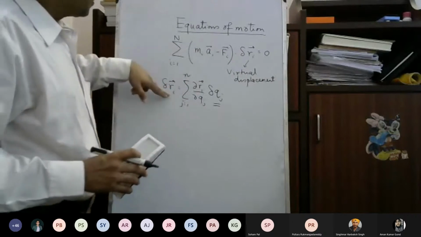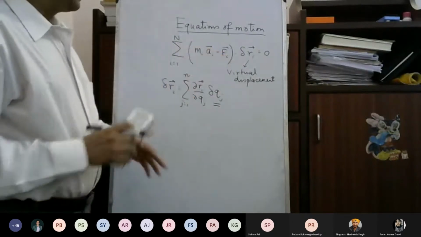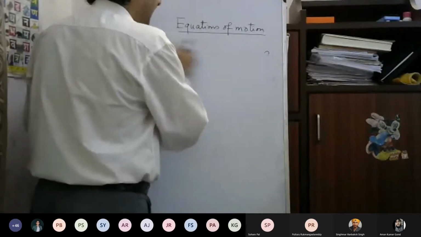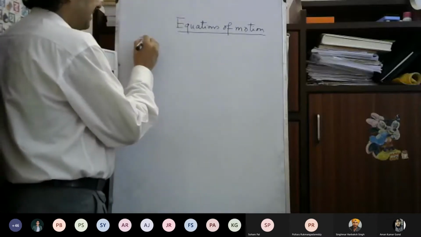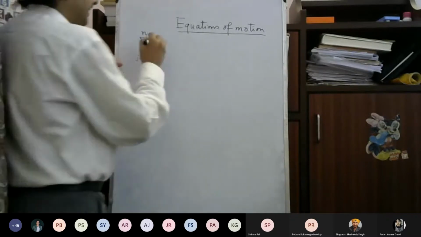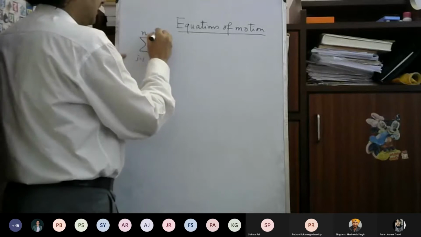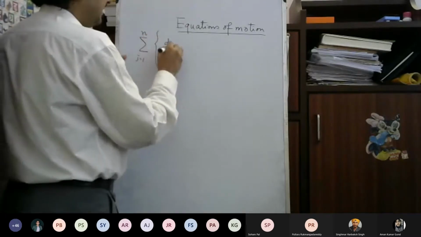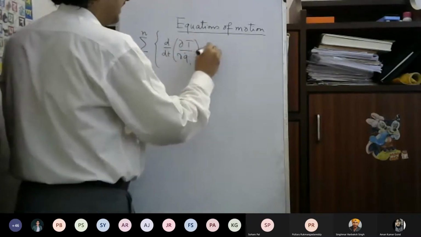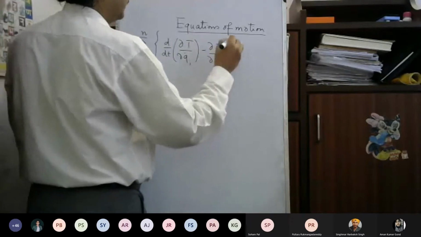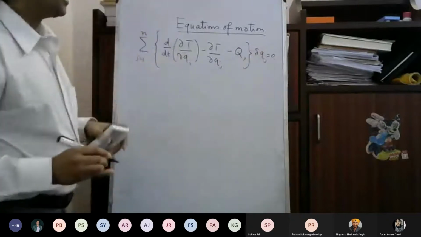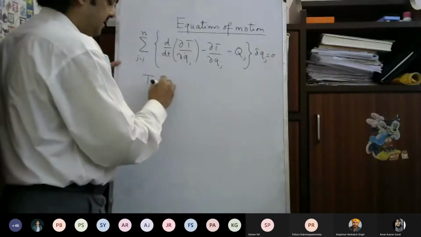So if you substitute this expression in the previous expression and rearrange the terms, I have shown you, well I did not derive, but I told that this can be written something like this: sum over j equal to 1 to n of d/dt of del T del q_j dot, minus del T del q_j, minus Q_j, times delta q_j, is equal to 0, where T is the total kinetic energy of the system.